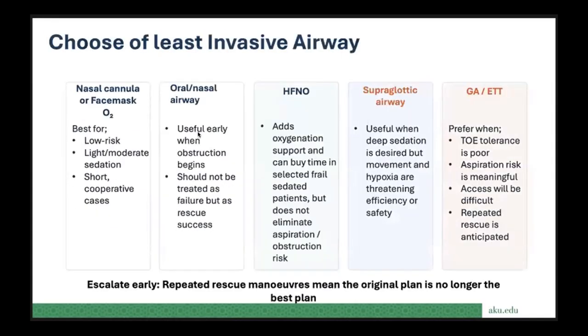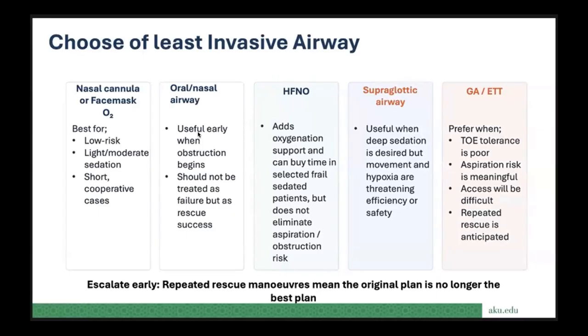So this slide is about choosing the least invasive airway that will remain reliable for the whole case. A nasal cannula may be enough for short, low-risk cases, while oral or nasal airways are valuable early rescue tools and should not be seen as a failure.